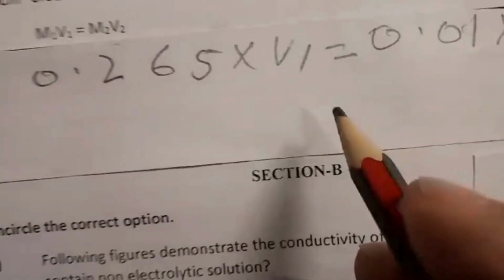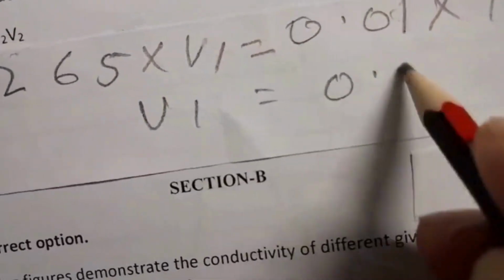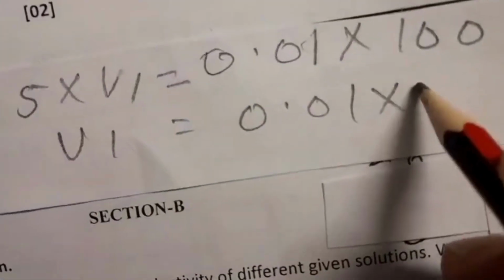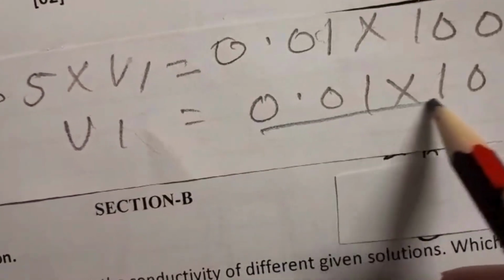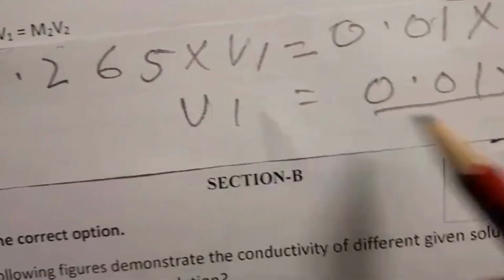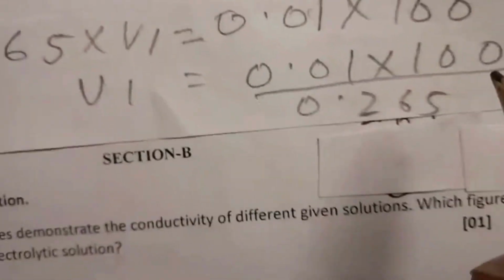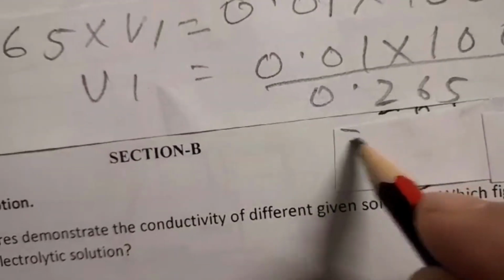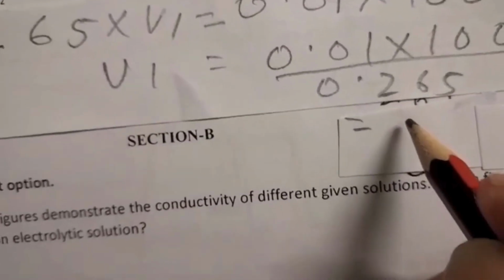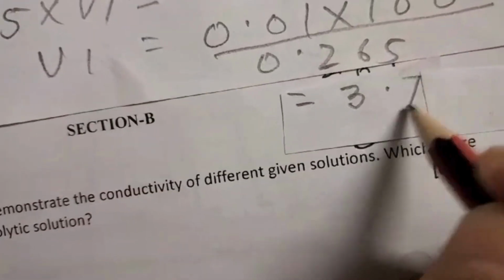into V2 value is 100. So V1 is equal to 0.01 into 100 divided by 0.265. So V1 is equal to, when we calculate, this comes to 3.77.